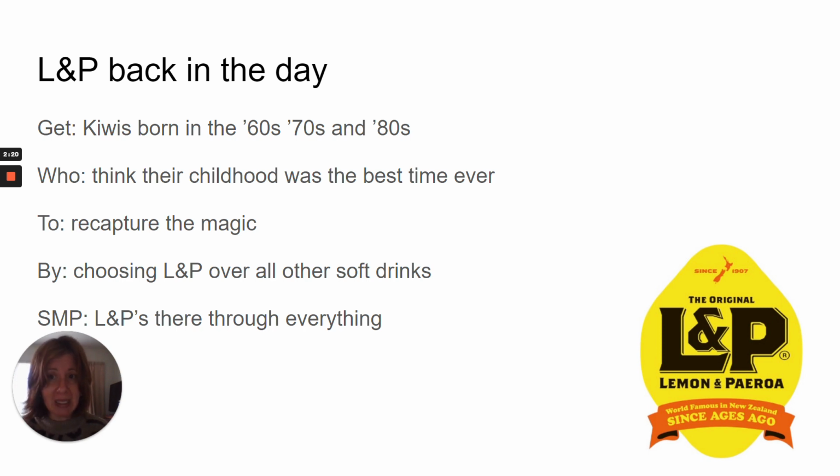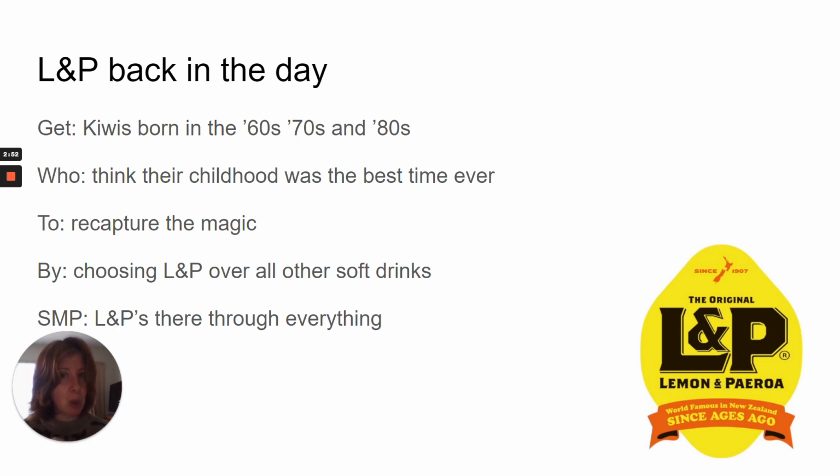Now, I'm not going to play this for you right now. Come back and look at the slides, because in the slides you'll see the videos of a couple of L&P ads from back in the day. And you could sum up the whole brief with this. The ad's job is to get Kiwis born in the 60s, 70s and 80s who think their childhood was the best time ever to recapture that magic by choosing L&P over all other soft drinks.